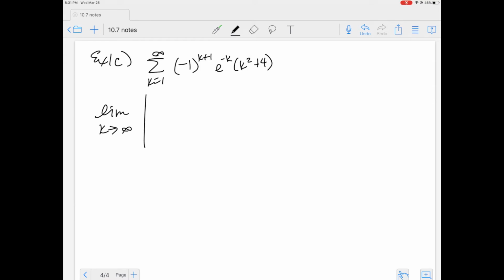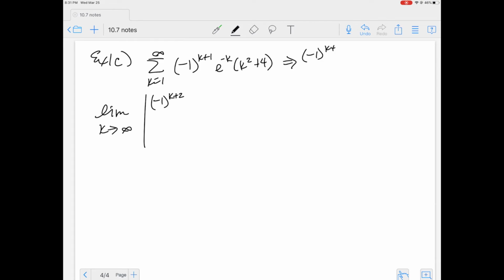So if I have this k here, I'm going to send that through: -1 to the k plus 2, because you put a k plus 1 in for the k that I'm looking at. Then I'm going to put that e to the negative k down below.